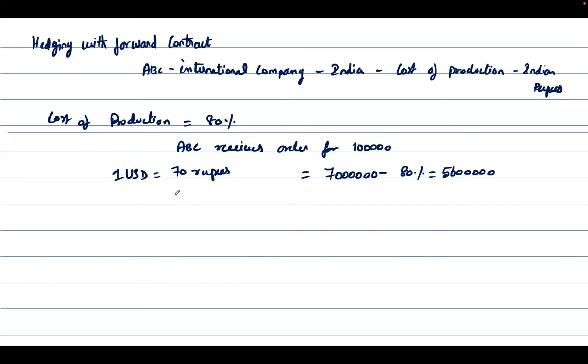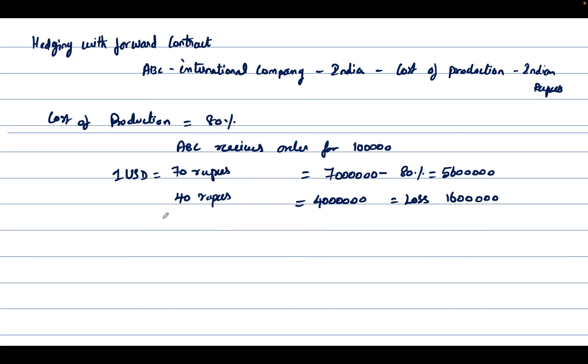For example, if after 6 months the rupee value falls to 40 rupees, the value is going to be 40 lakhs. But the cost of production will not change, it is going to be 56 lakhs. At that time, ABC will make a loss of 16 lakhs in Indian rupees.